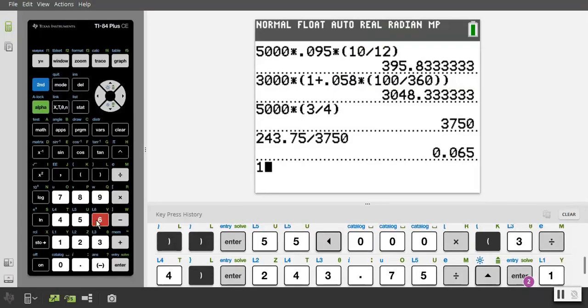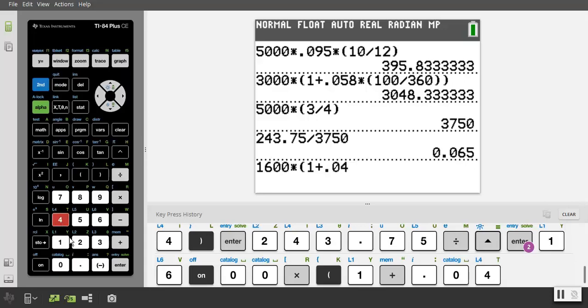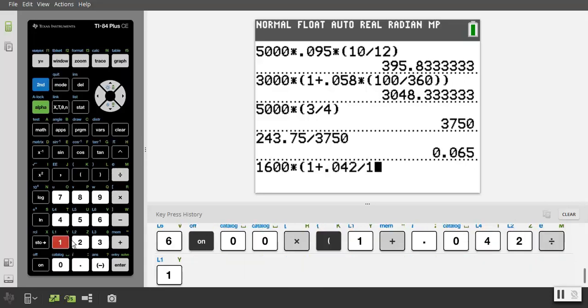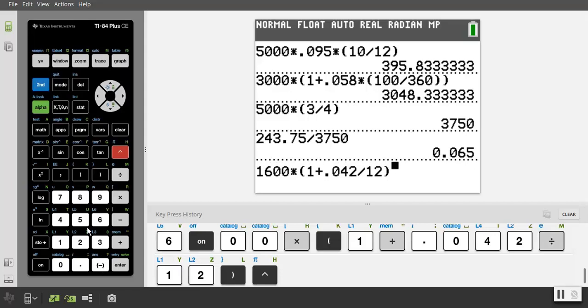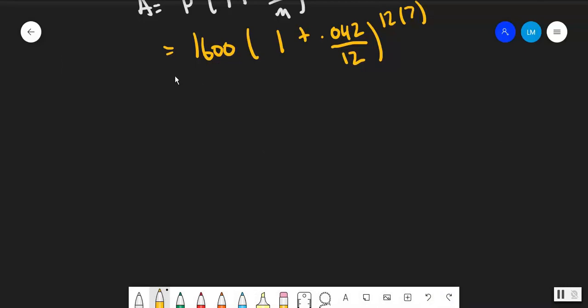So you have 1600 multiplied by 1 plus 0.042 divided by 12, close it, but you're going to raise this to the 7 times 12. Okay, so that gives you 2,145 and 75 cents.